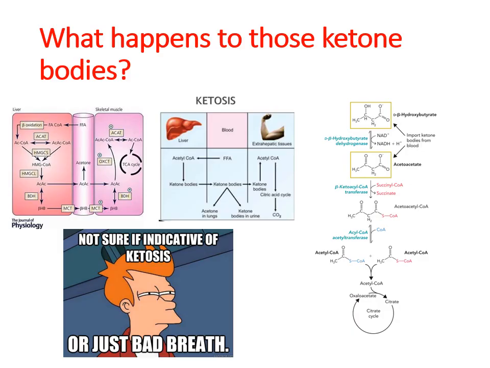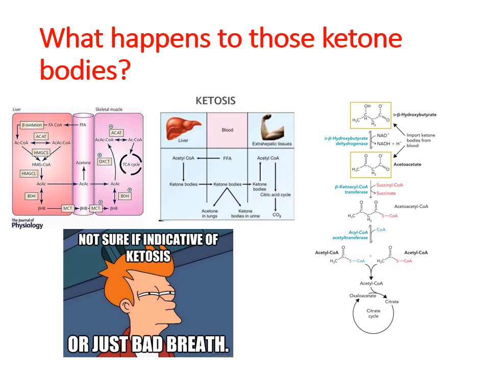Okay, so let's say those not so great keto diets that I was just talking about a moment ago. Let's say you put your body into ketogenesis. Well, now what happens to those ketone bodies that were just produced with that excess acetyl CoA?